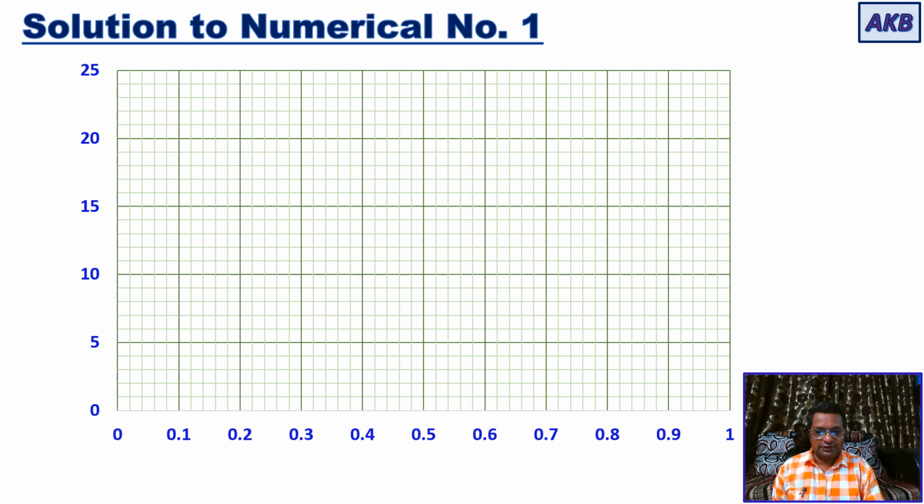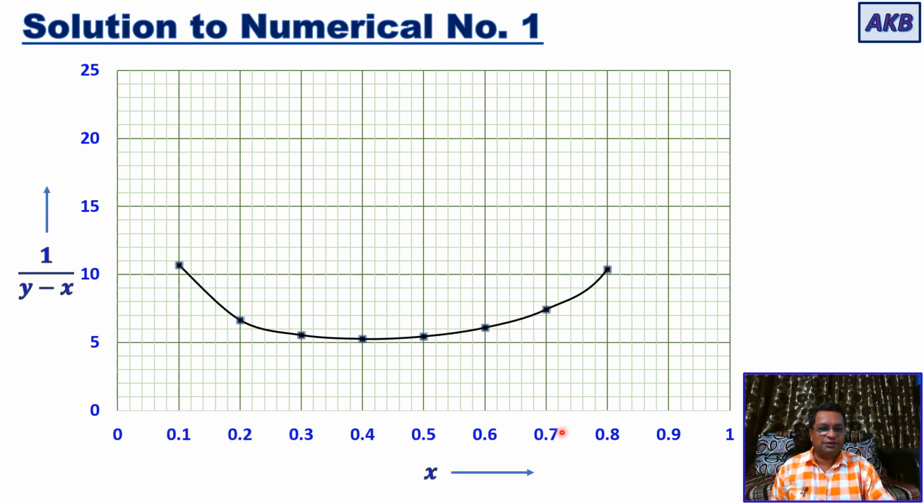So on the x-axis we are going to plot x, whereas on the y-axis we are going to plot 1 upon y minus x. So if you plot the values, you'll be getting a curve like this.